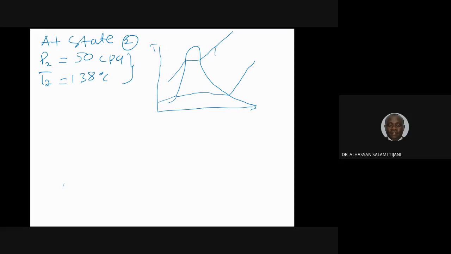So we have state 1, isentropic expansion, and this is the actual expansion. So this is 2A, and this is 2S. And this is state 1. Now, what I want you to know is that we are interested in finding which of these states belongs to this particular state 2.